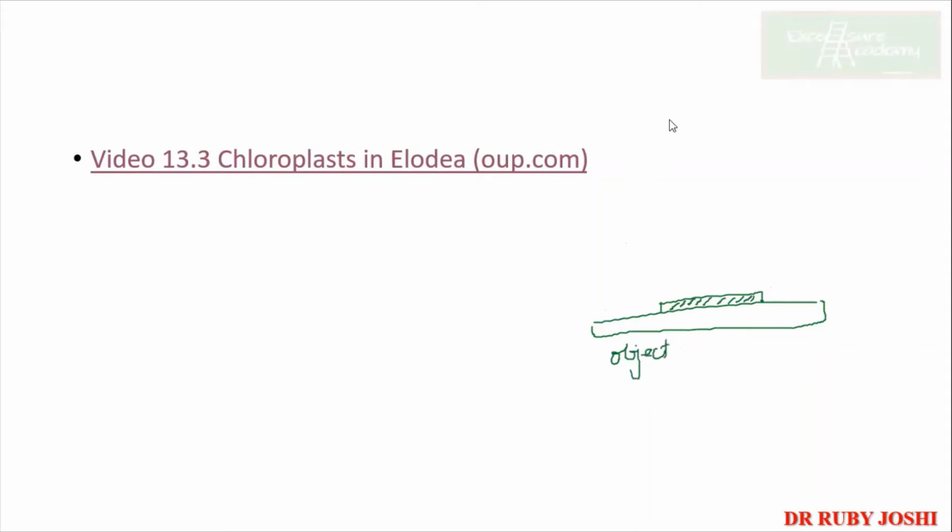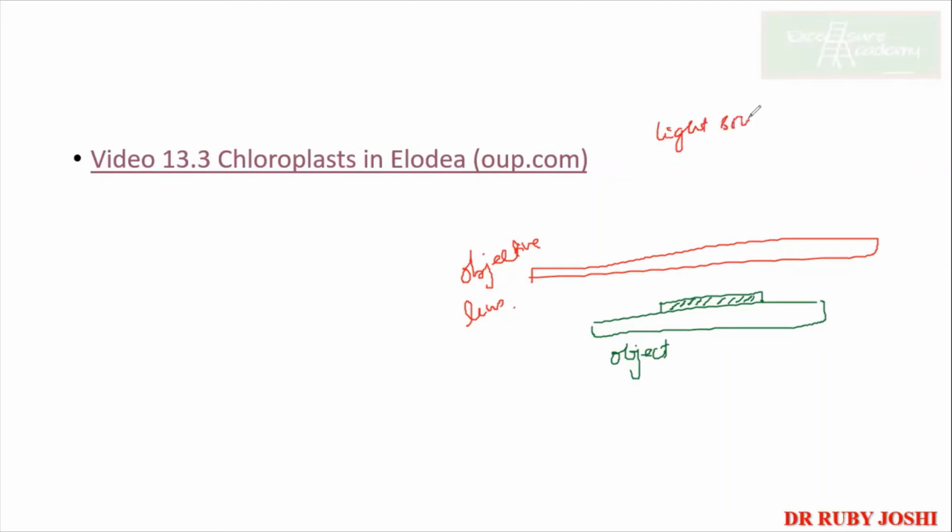On the top of the object, you have got the objective lens. Right, objective lens रहता है. Objective lens के ऊपर आपका light आता है, जहां पे light source रहता है. Correct? Now in the case of phase contrast microscopy, you have got something called phase plate.